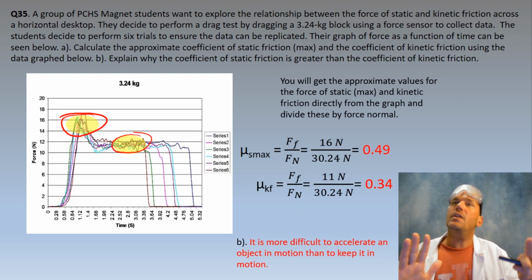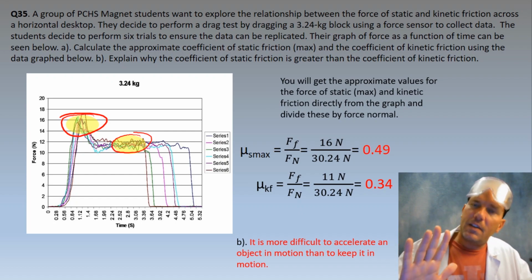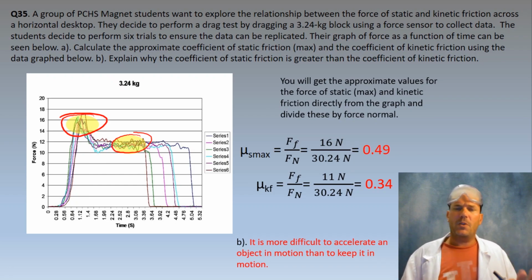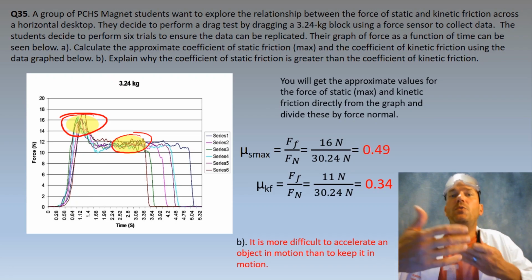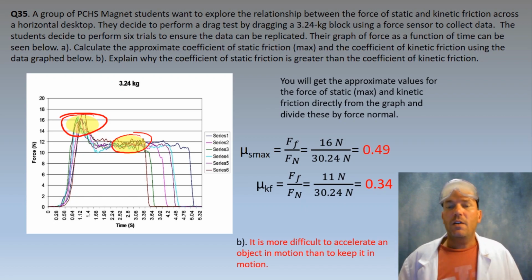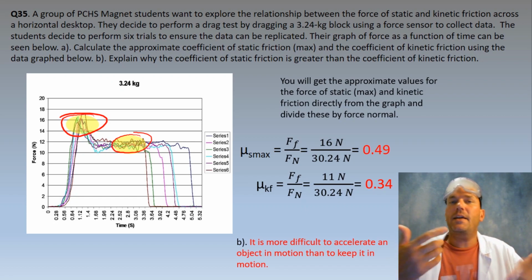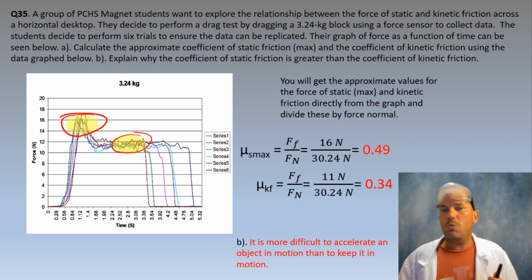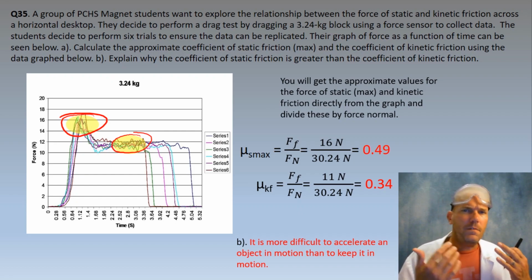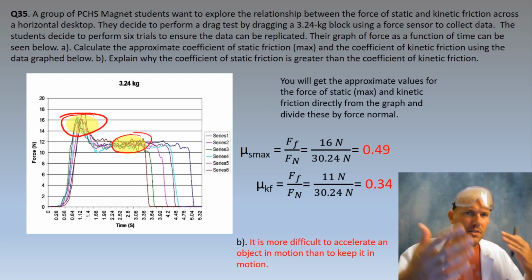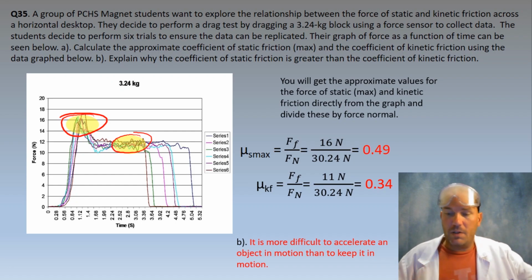Oh, it's so hard. And then once I get it moving, this isn't too bad now. So to accelerate an object into motion from rest versus keeping it at constant motion, it's going to require far more force to initially get it to move.